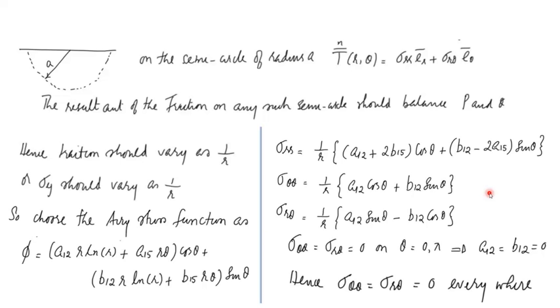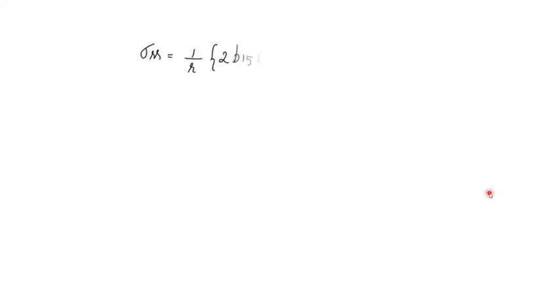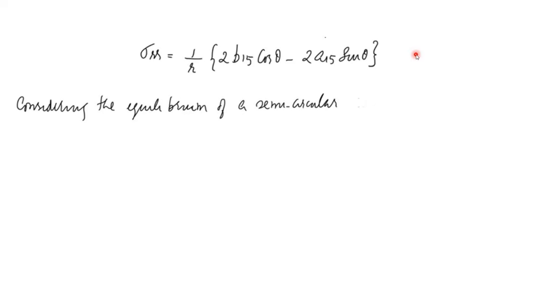So you are left with only one stress component, sigma rr, which can now be written in this form here, involving two unknown constants b15 and a15. To determine these two constants, we will use the condition that you take any semicircular part of radius a and consider its equilibrium. The resultant of the traction on this surface should balance the line loads.